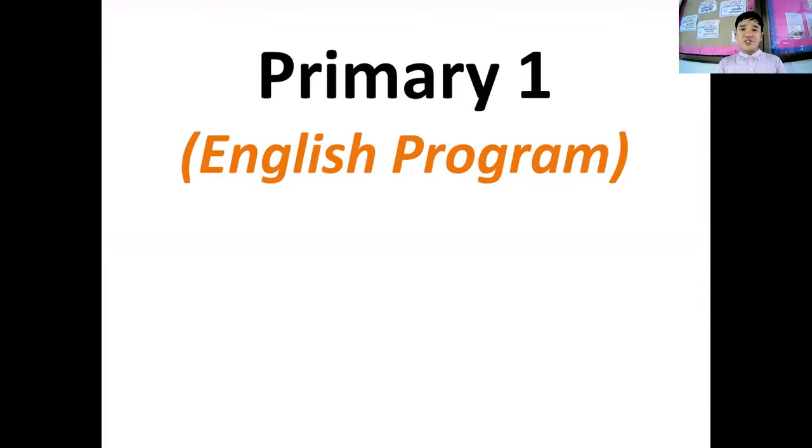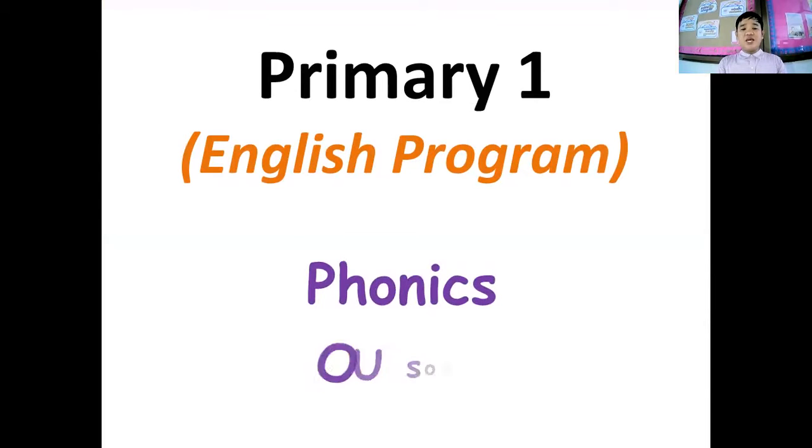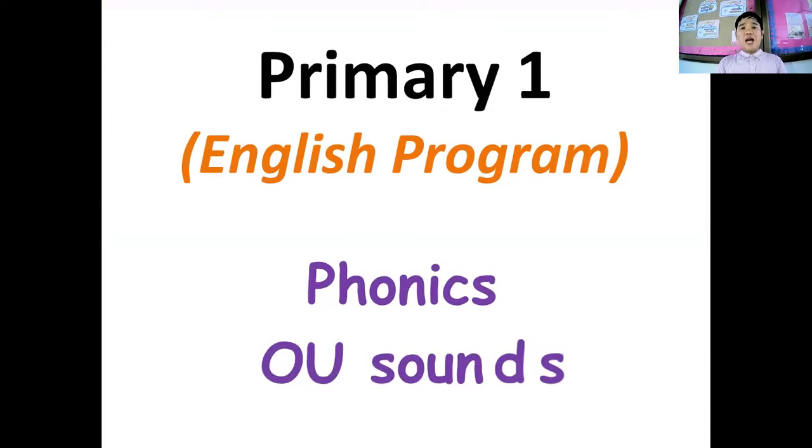And what is our topic for today? For phonics, it refers to our OW sounds. It tells about the OU sounds. When we say OU sounds, it's OW sounds. All right. So this is the OU sounds, or shall we say ow sounds.